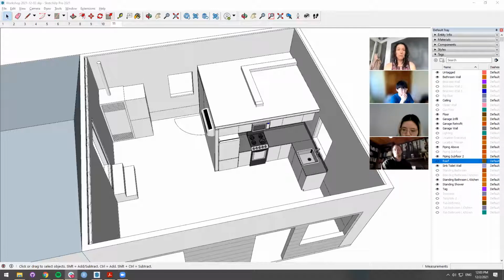Maybe use ram board instead of plywood, so you're not wasting as much material for that. And then just have them do the install and the plumbing on site, because a lot of times what we think is going to happen doesn't actually happen at the time of execution. And the builders need to be really flexible and be able to work around unexpected situations.